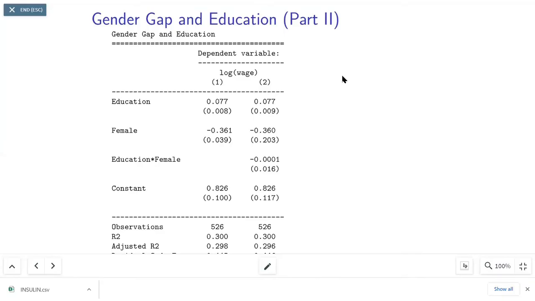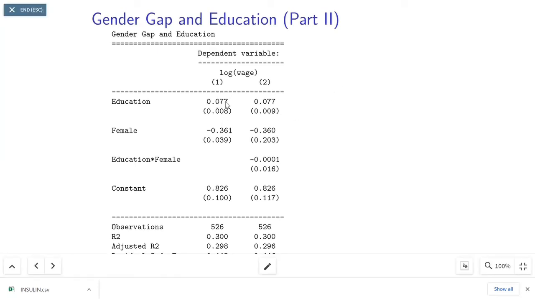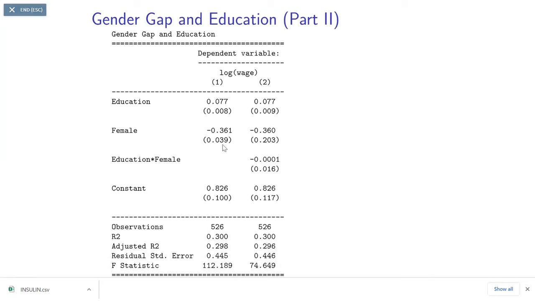Now let's see if we should include the interaction term in the model. Before including the interaction term, Model 1 shows that both education and female are statistically significant at the 5% level.